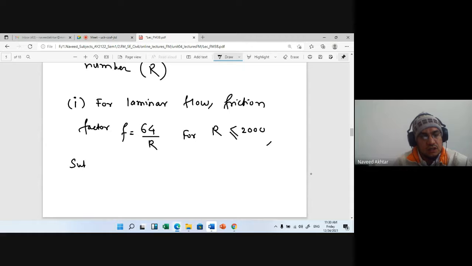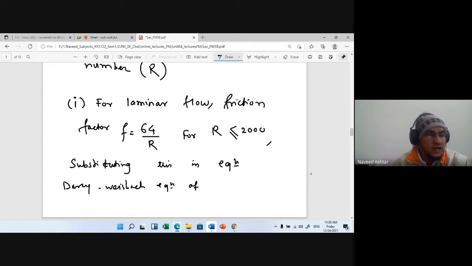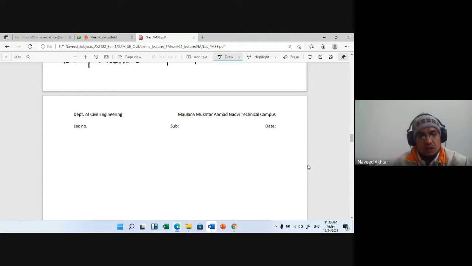So substituting this value in the Darcy Weisbach equation of head loss, you can write it as HF is equal to 64 by R, this value of F, times LV square upon D into 2G.